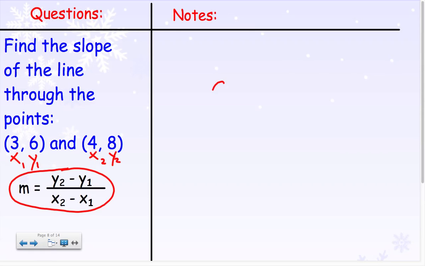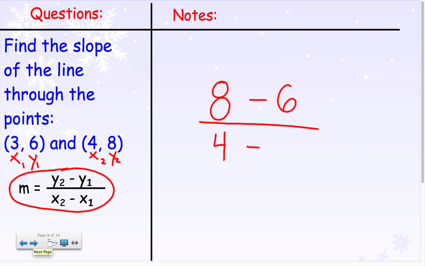So y2 is 8 minus y1, which is 6, divided by x2, which is 4, minus x1, which is 3. 8 minus 6 is 2, 4 minus 3 is 1, so my slope is a positive 2.